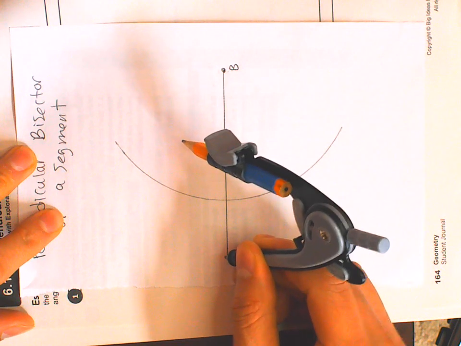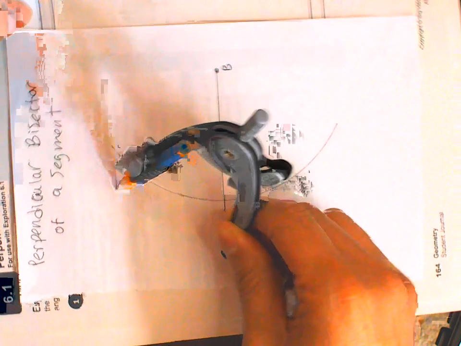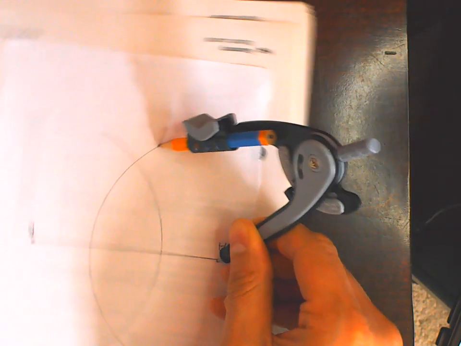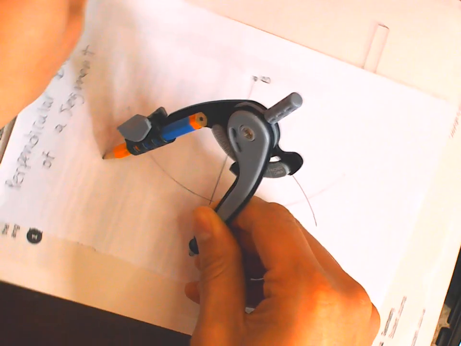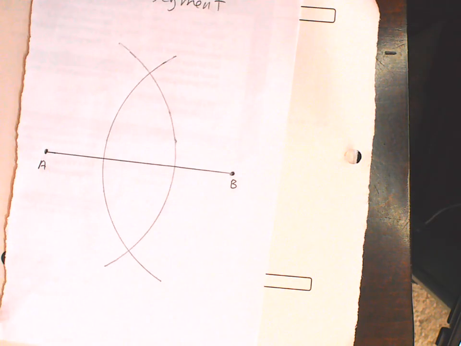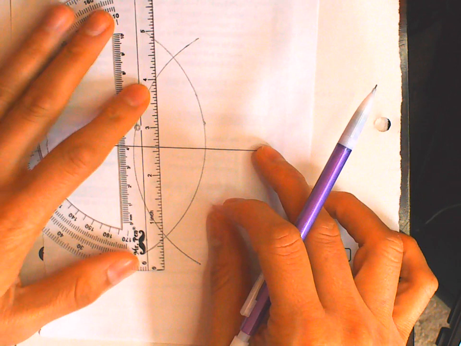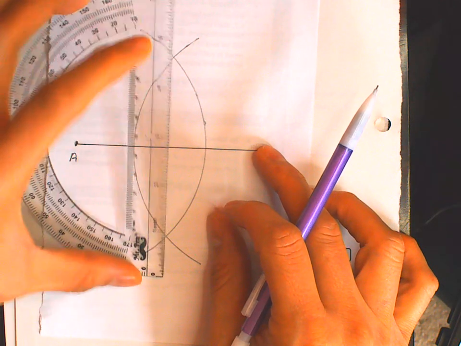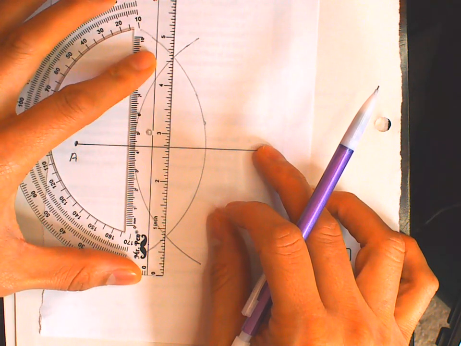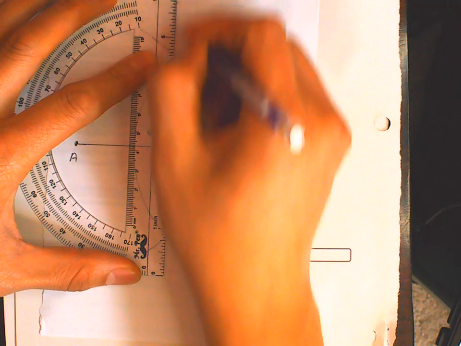Keeping the same distance, put it on A, and make your arc such that the 2 intersections appear. Once you do that, draw a line through those 2 intersections, as shown.